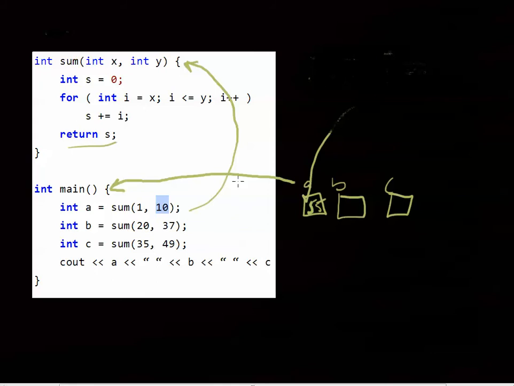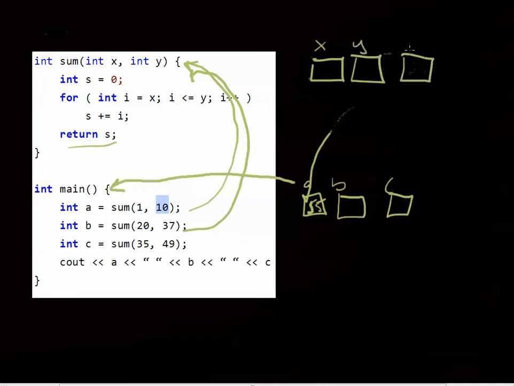And that's important, because the next time that we call sum, let's skip back here. Now a is 55, and we call sum again, we're going to create brand new variables called x, called y, called s.